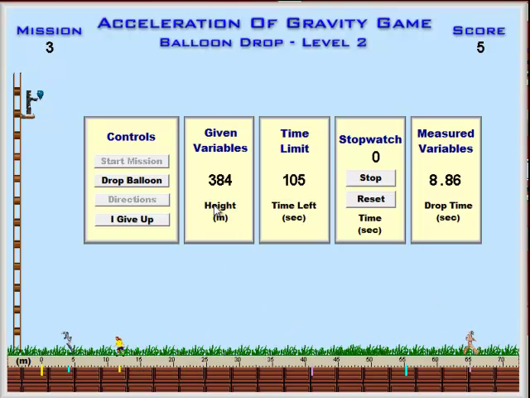Obviously, again, we've got the height, we've got the time or the velocity. So this is a two-step problem where you have to figure out the velocity, v equals d over t, and then once you get the distance, you can find the time, and once you have the time, you can use the initial velocity of 0 and 1/2 a t squared to figure out the time it takes for the balloon to drop.